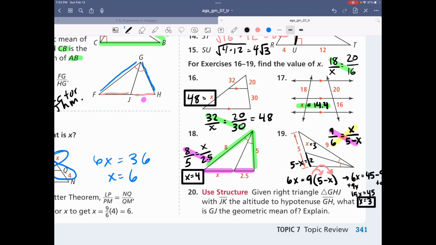So I'm going to draw a right triangle, because that's what they told us. And then they said that the altitude is JK. So since the triangle has a J in it, I'm going to put a J here. The altitude is here. And GH is the hypotenuse.